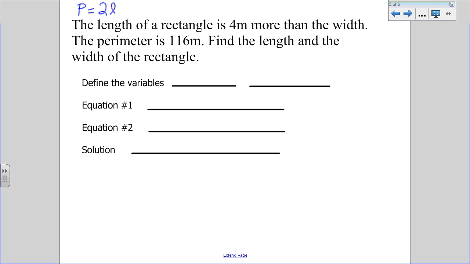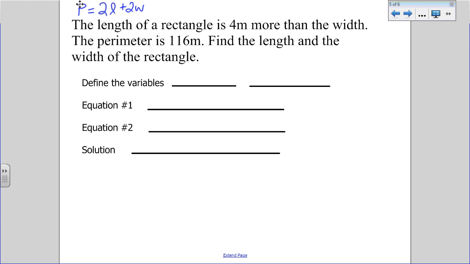What else are you going to be adding up? 2 widths. So when we look at writing what I would call succinct or nice equations for perimeter problems, we want to use the idea that the perimeter formula is 2 lengths plus 2 widths. That gets me all 4 of the sides.